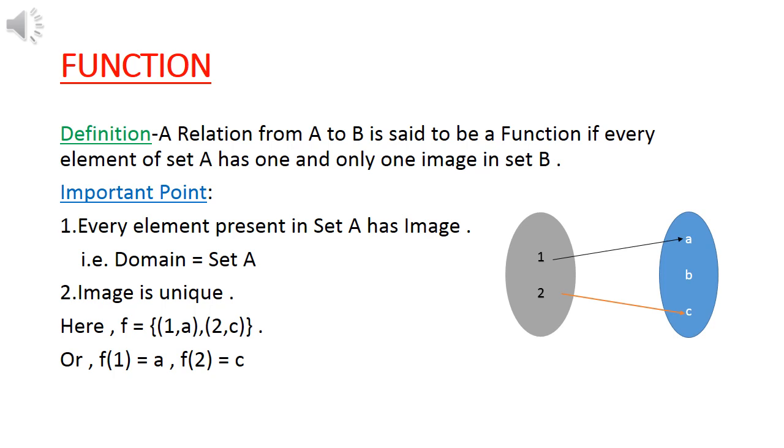Therefore, this diagram represents a function. We can write 1 is related to A as f(1) = A, f(2) = C, or ordered pairs (1, A), (2, C) is equal to the function.